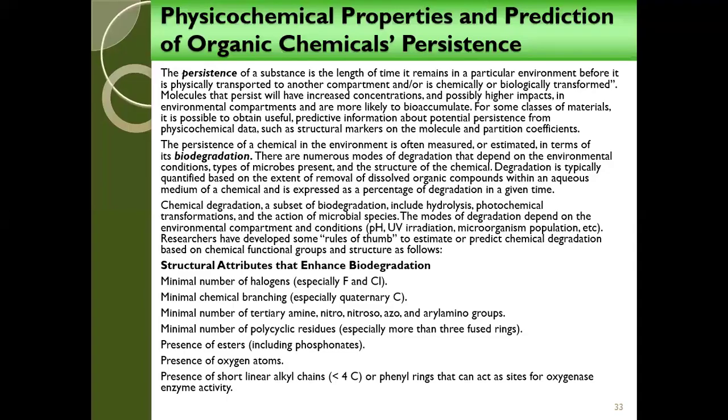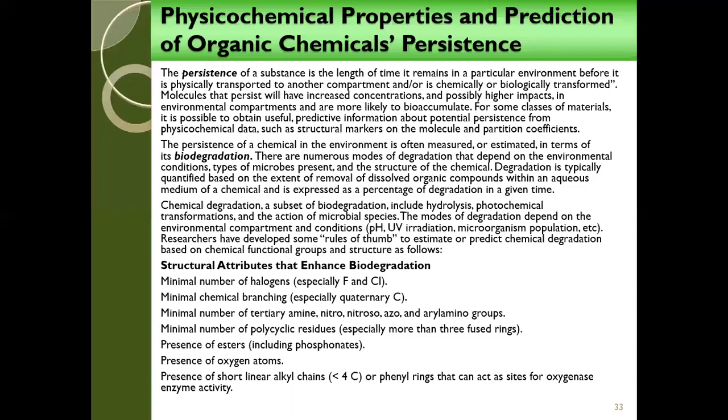So you can see that chemicals that persist in the environment have their concentrations increased. For that reason, they have greater impact in the environment where they find themselves. And such chemicals are likely to bioaccumulate. For some classes of materials, we are told that it is possible to obtain useful predictive information about potential persistence from physicochemical data.